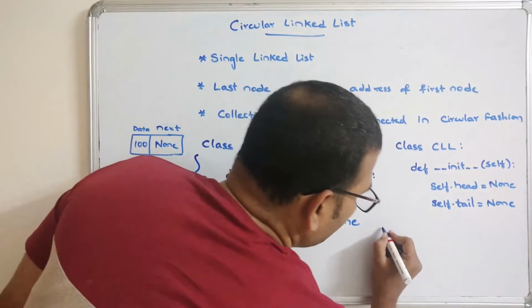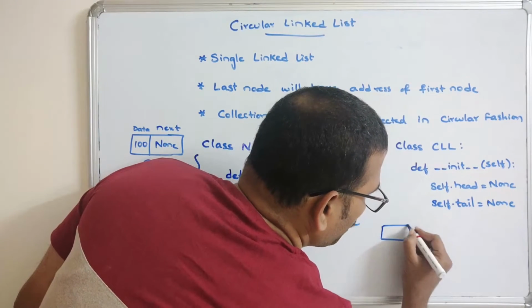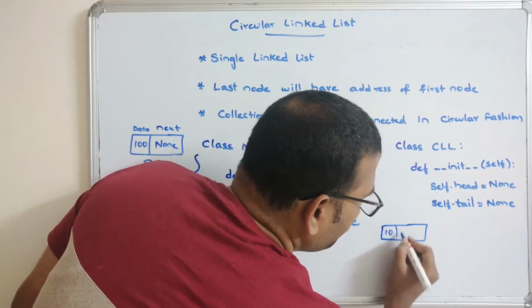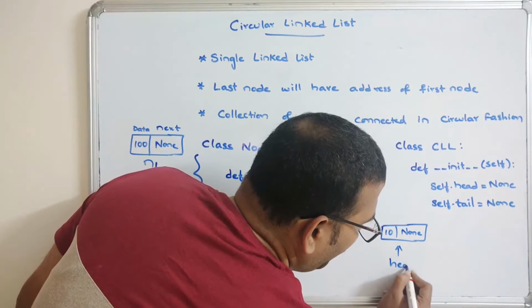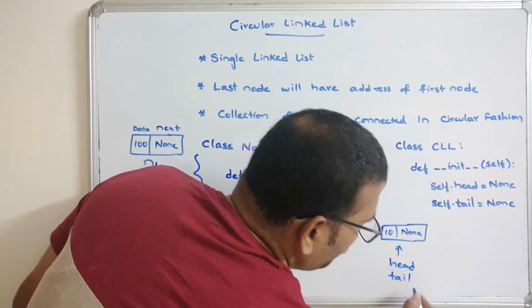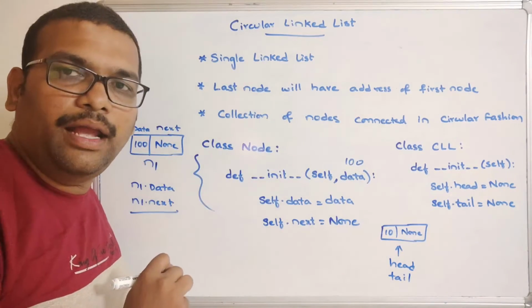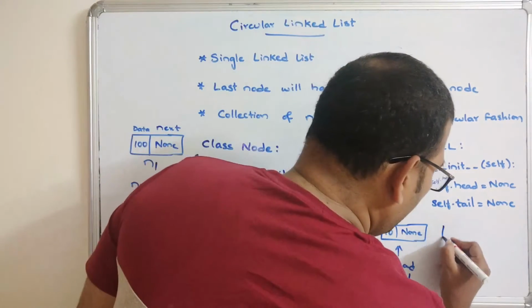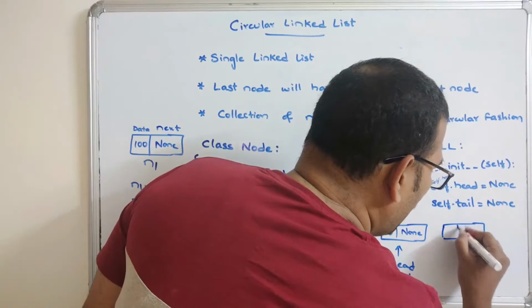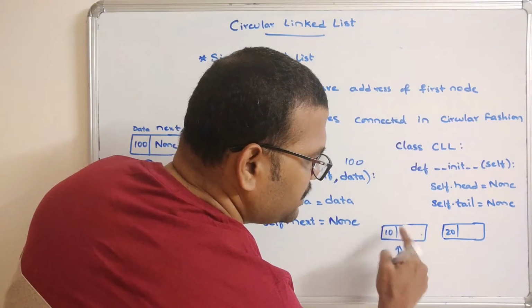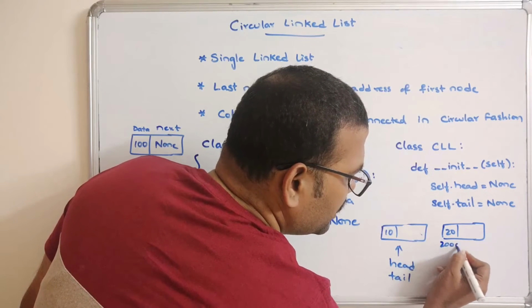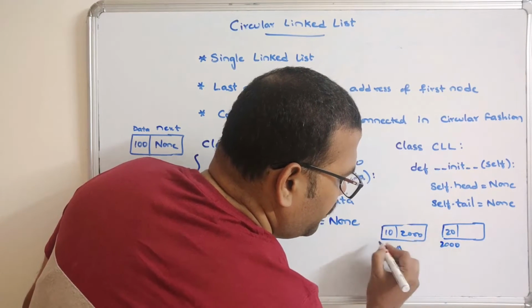If you insert 10, this will be none, so this will be both head and tail. Similarly, if you insert one more element, 20, here we need to replace this one with the address of the second node, 2000.